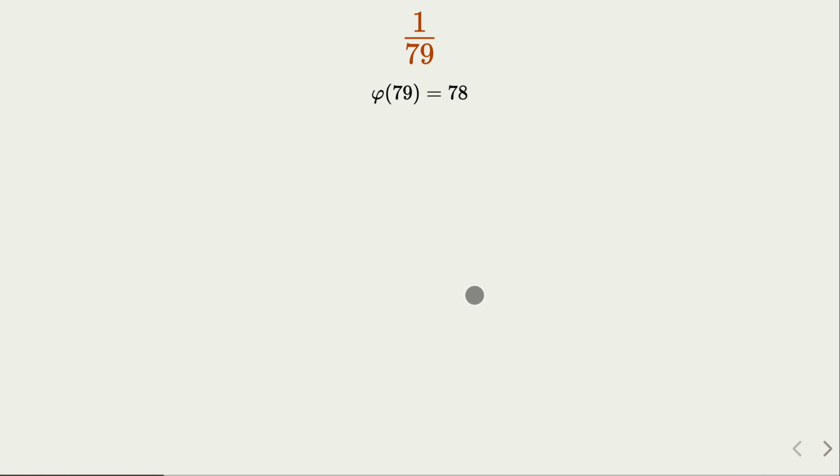Now, this is just a recap of 1 over 79, because phi is 78. And then we're looking for the smallest k from the factors here, right? We're going to try one by one. When k equals 1, the modulus is 10, right?